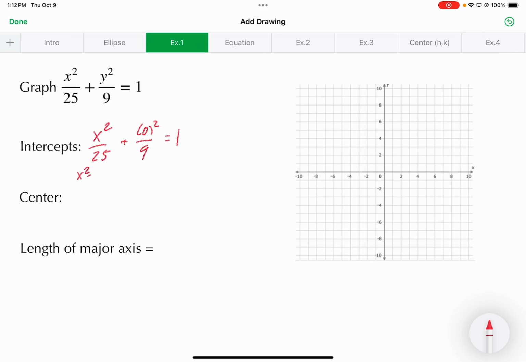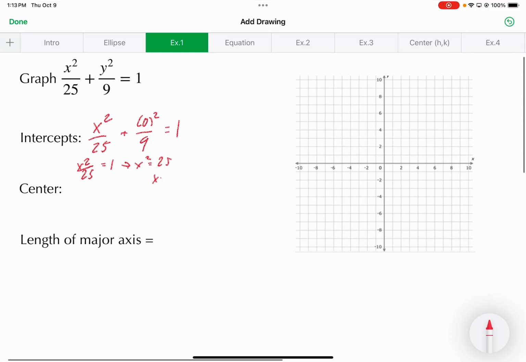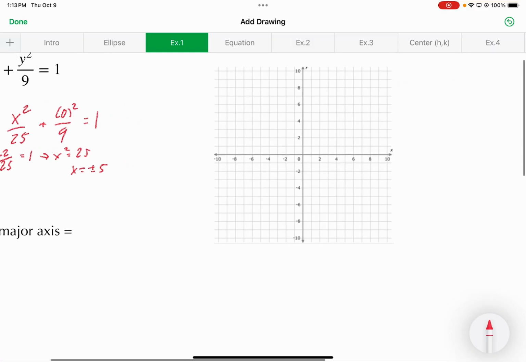I get x squared over 25 equals 1. Multiply both sides by 25 gives me x squared equals 25, or x equals plus or minus 5, as I would take the square root and get those values, okay? So those are going to be my x-intercepts. I'm just going to go ahead and plot those on there.